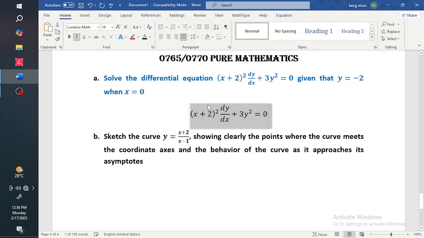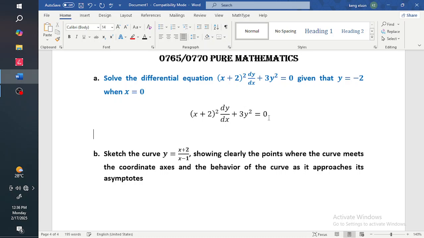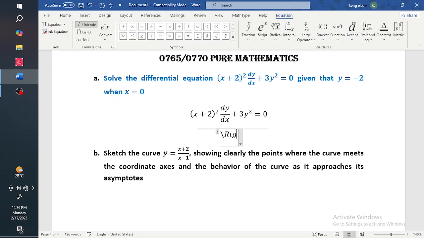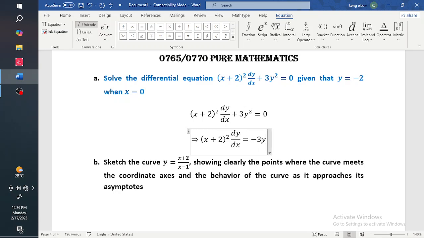The next thing to do is that we have to subtract 3y² on both sides. So we are going to have (x + 2)² dy/dx = -3y². Now you realize that I have on the left hand side a function of x together with dx, so I'll make sure I send it to the right hand side.